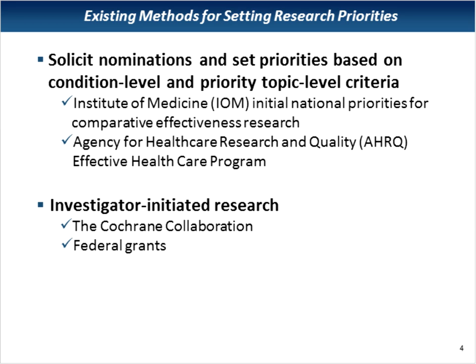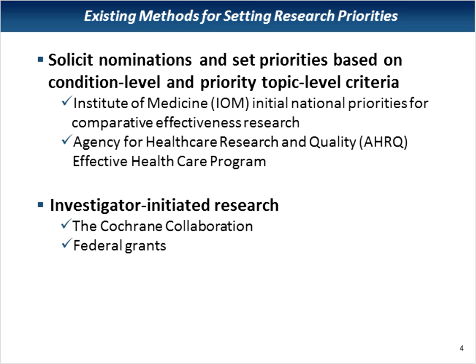Where do we start when we start thinking about prioritization? Well, in general, there are 2 approaches, the top-down approach and the bottom-up approach. For example, in the United States, the Institute of Medicine has set 100 national priorities for comparative effectiveness research. The way they did it was they solicited nominations and set priorities based on condition level and priority topic level criteria.